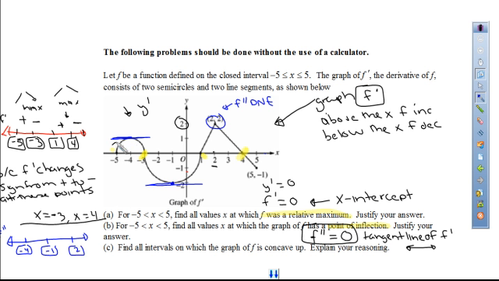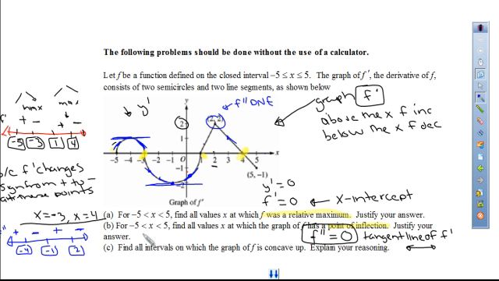So notice that my tangent lines are positive to the left of 4. My tangent lines are negative to the right of 4. So I'm still going down, and then I'm going up again. I'm positive, and I'm still positive, and to the right of 2 I am negative.